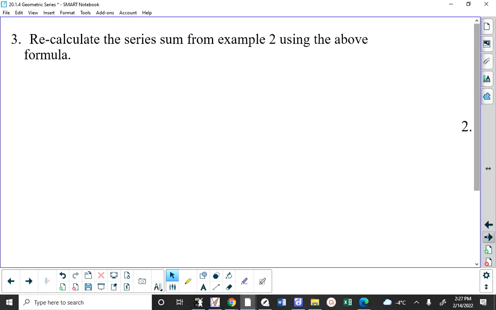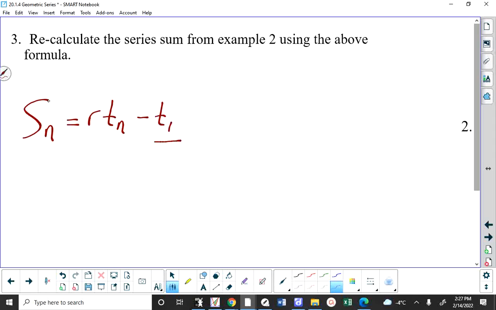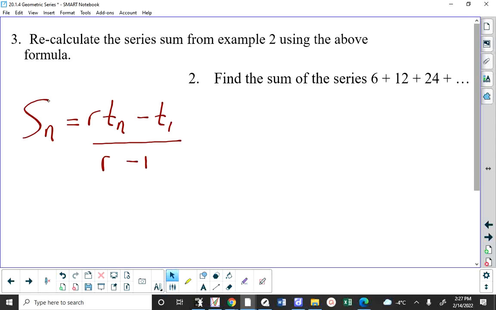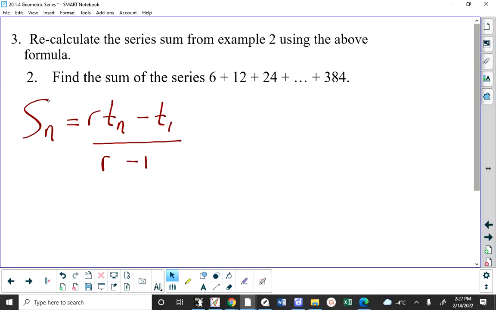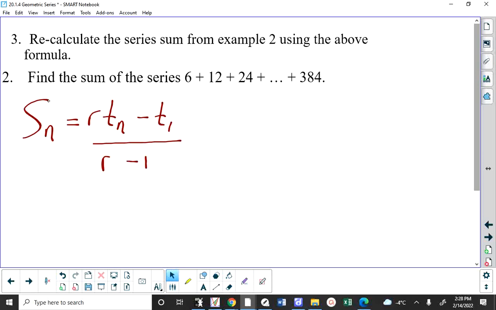So let's go back and for question 3, let's do number 2 again using that formula. Let me write the formula down so you can see it. Sn equals r Tn minus T1 over r minus 1. Here's example 2. And I asked this question, what are we missing? And it was pointed out that we're missing the number of terms.